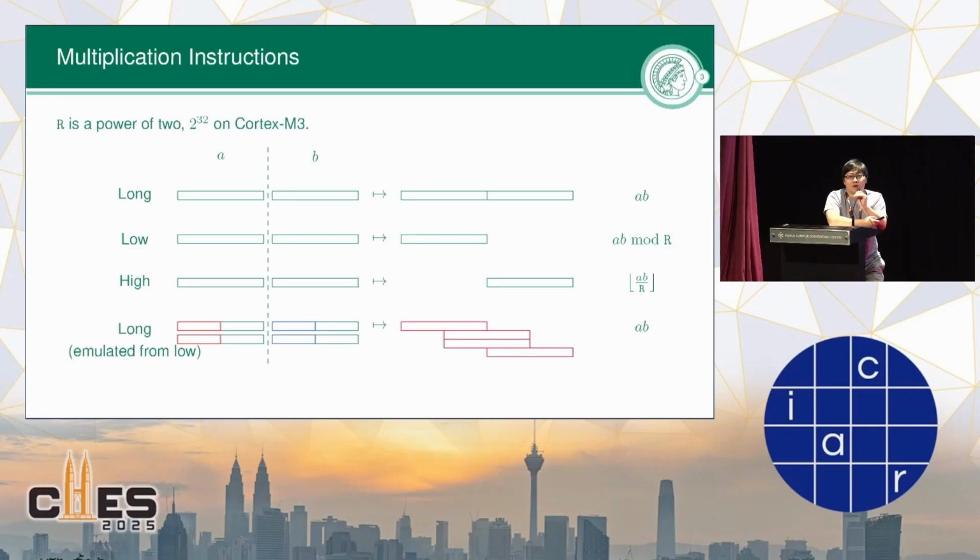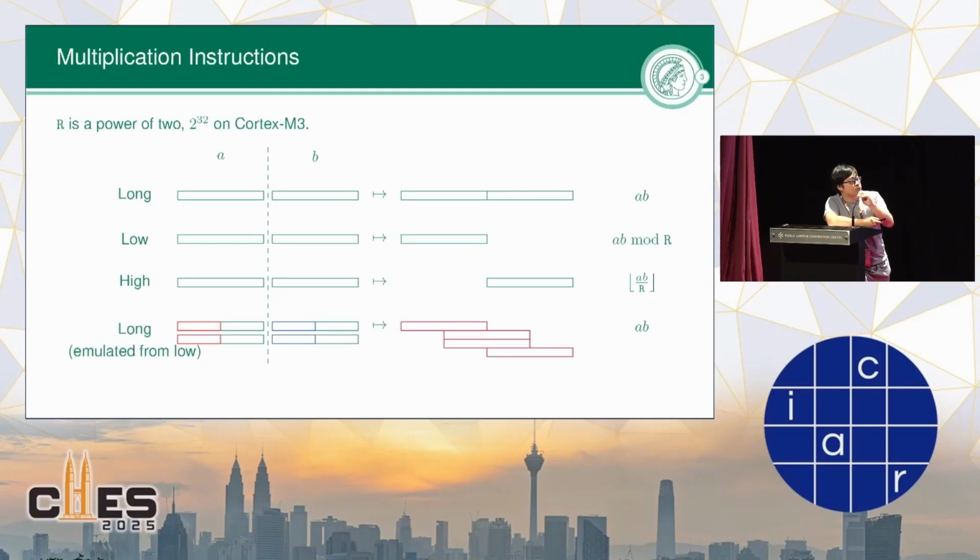Now, on a Cortex-M3 platform, we can't really use the long multiplication instructions. So what do we do if we still want to compute the long product in the 32-bit architecture? A typical approach is to split the operands, A and B, into two 16-bit chunks. On the last row, I color the parts that are relevant from the source operands.